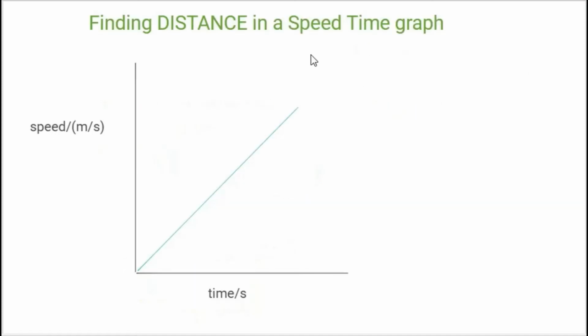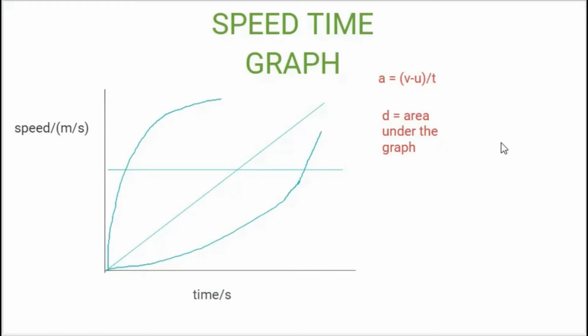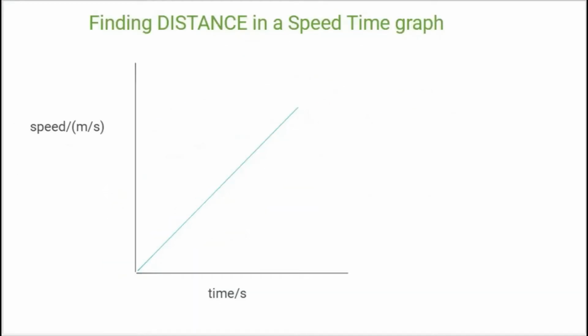Now let's find distance in a speed time graph. If you remember from the first page, we said that in a speed time graph, distance is the area under the graph. So here we have to find distance by drawing a shape. In this case, it's going to be a triangle, as it is starting from the origin and going straight up. So the distance is going to be found by the area of this triangle.